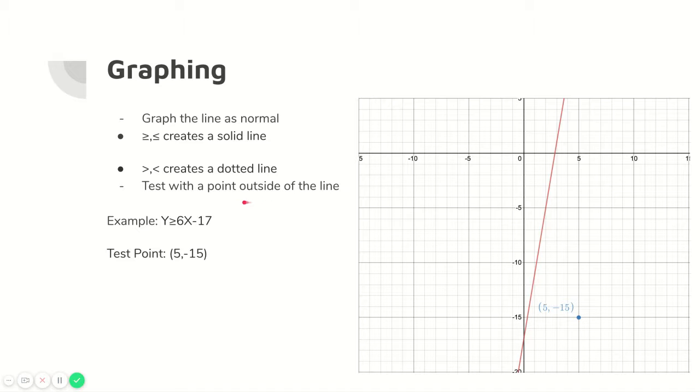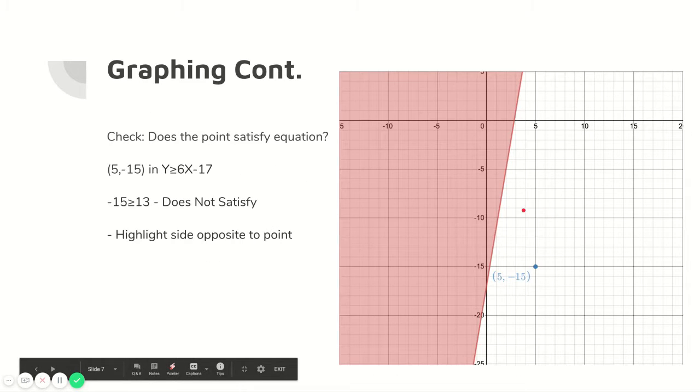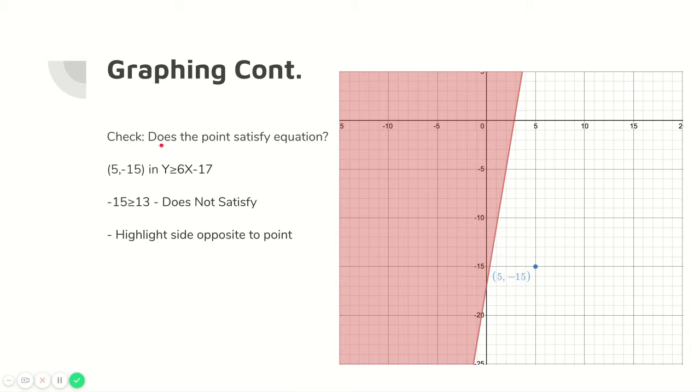So for example, if you have the line y is bigger than or equal to 6x minus 17, we can see that it makes this line over here. And we're going to have a test point (5, negative 15), which is shown here. So what do you do after that? Well, we would have to check, does the point satisfy the equation?